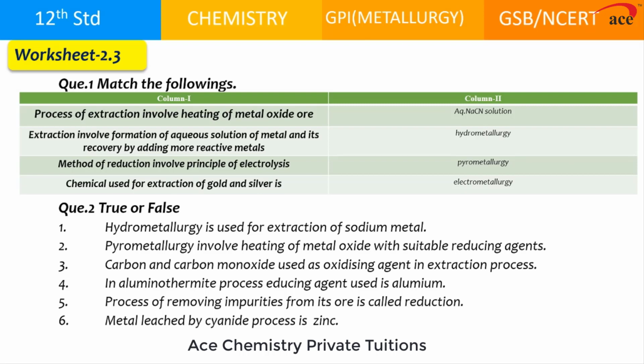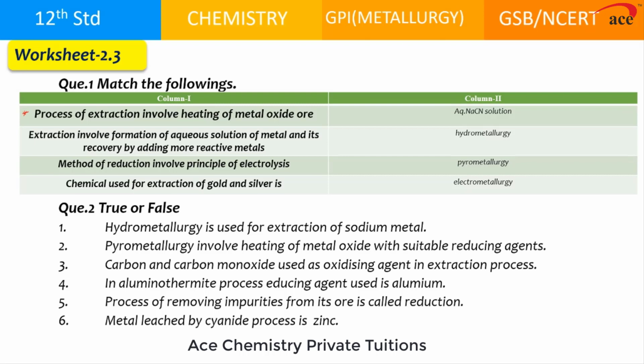The very first part, if you see, in column 1 they have given explanations about the different methods of reduction, and in column 2 they have given the type of reduction or some specific chemical reagents. In order to solve this, first we will understand the meaning of each statement.